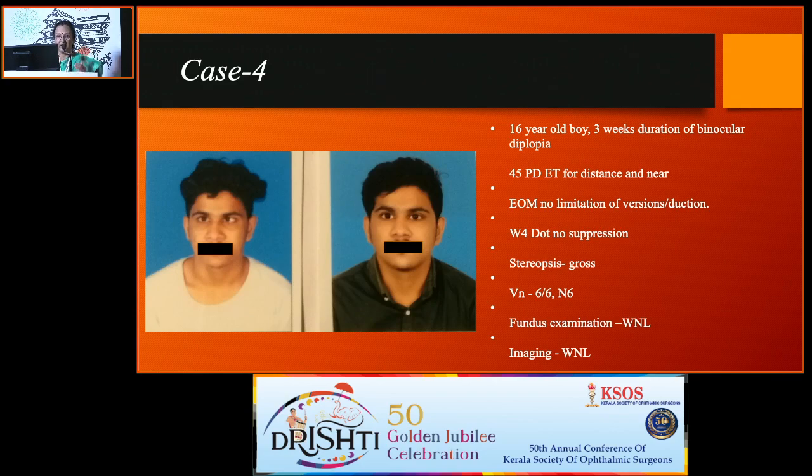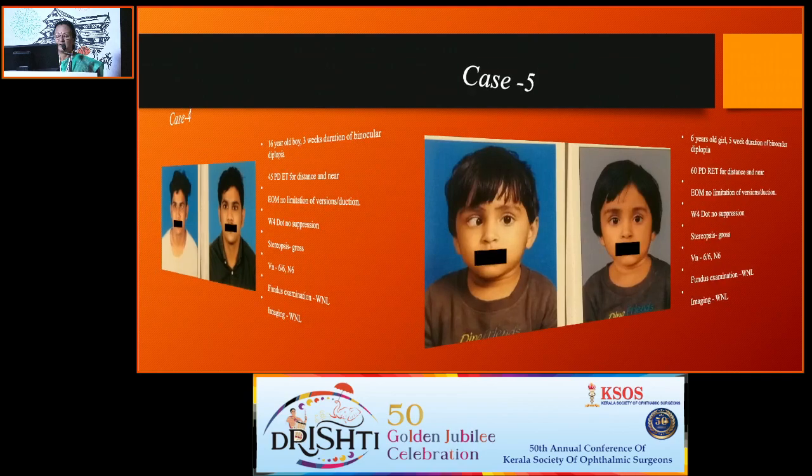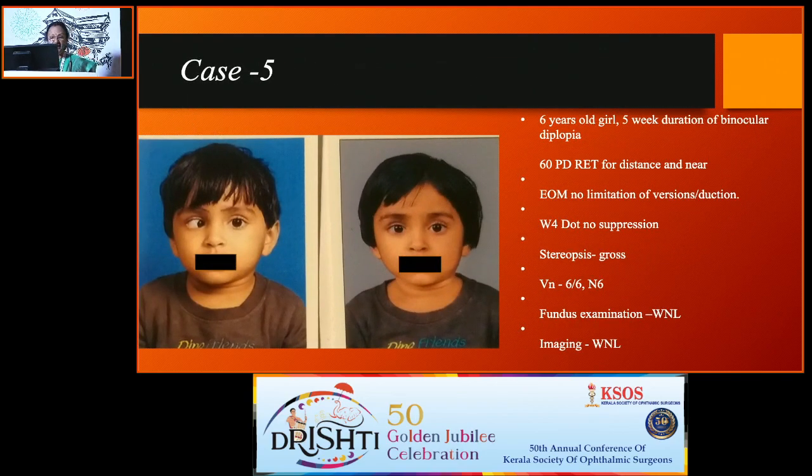We had all normal extraocular movements, vision, fundus, and imaging. This is the pre-op and post-op picture. And this is the youngest of the lot, who presented with binocular diplopia. The extraocular movements were normal. It was a concomitant one. Fundus, vision, and imaging were normal. This is the pre-op and post-op picture of this patient.